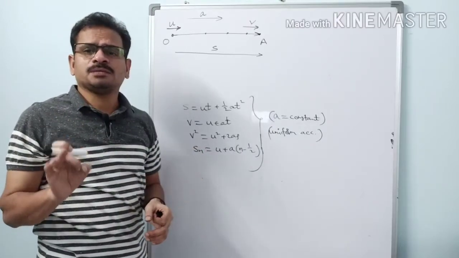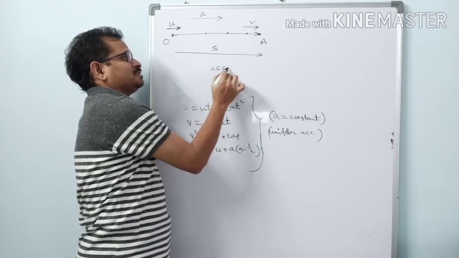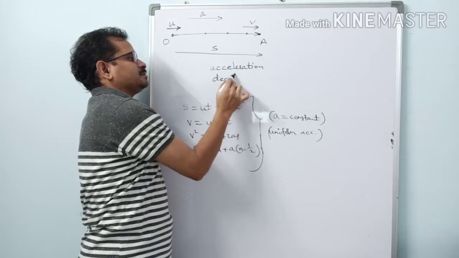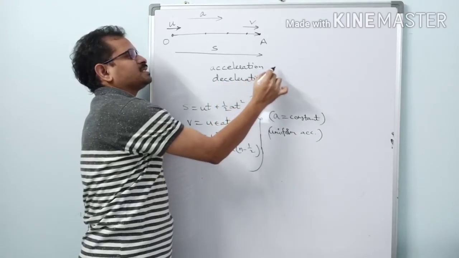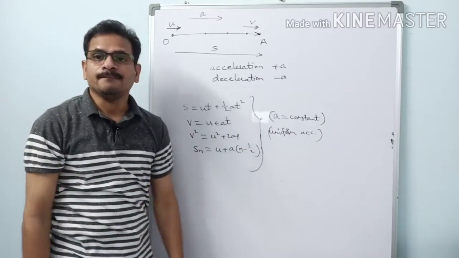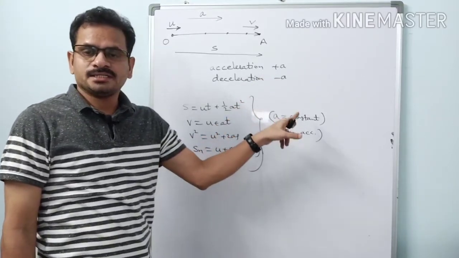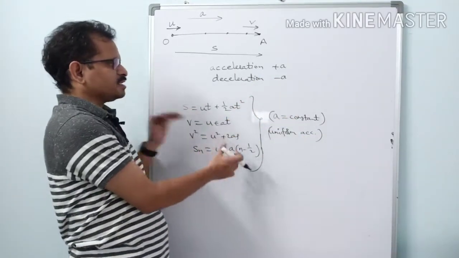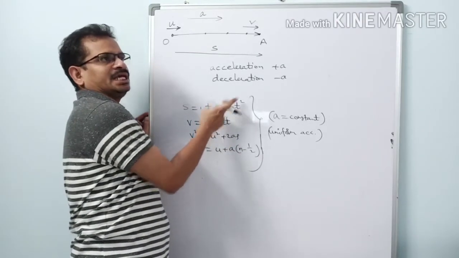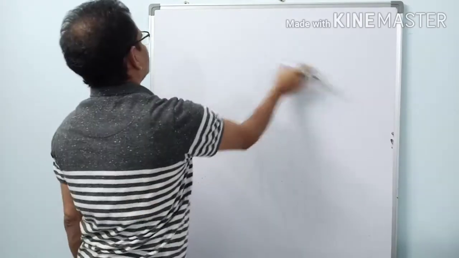Only in one case did we bother about the negative sign, that is regarding acceleration and deceleration. For acceleration we considered plus a, and for deceleration we considered minus a. So while writing the equations, wherever you are dealing with acceleration, you put plus a. If you are dealing with deceleration, we just put minus a there.